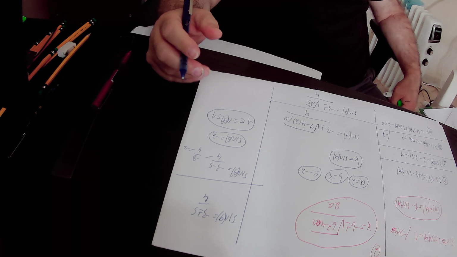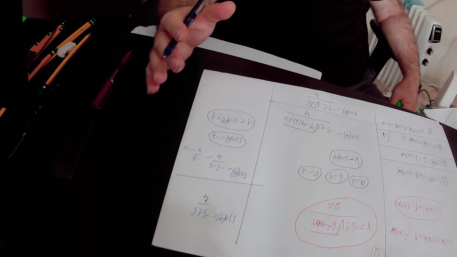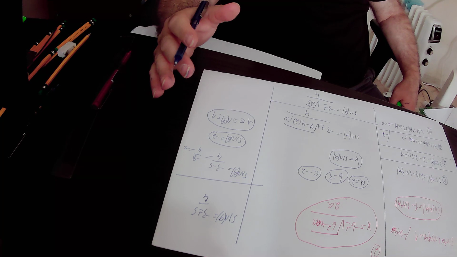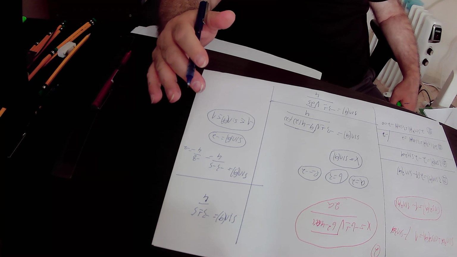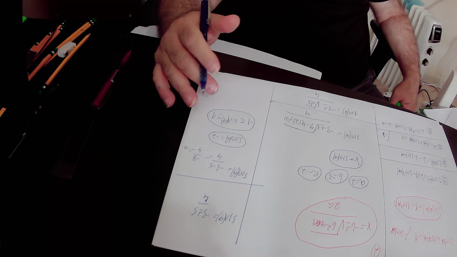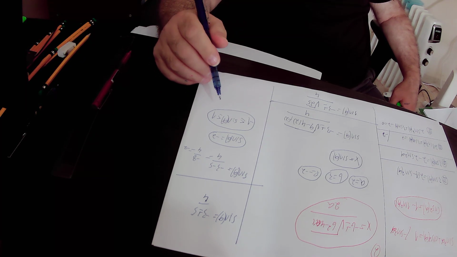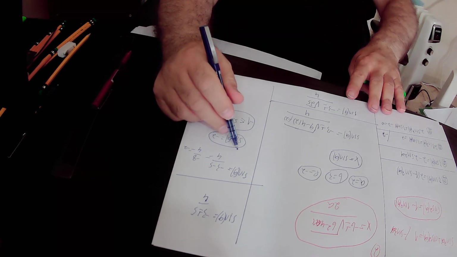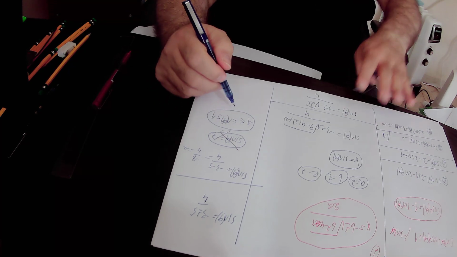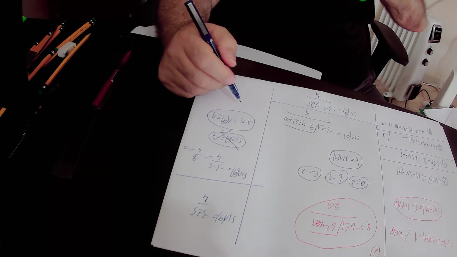That is to say, sinus alpha can never be equal to minus 2, because sinus alpha can accept values from minus 1 to plus 1. Therefore, this solution is an incorrect solution. We will cancel this solution.